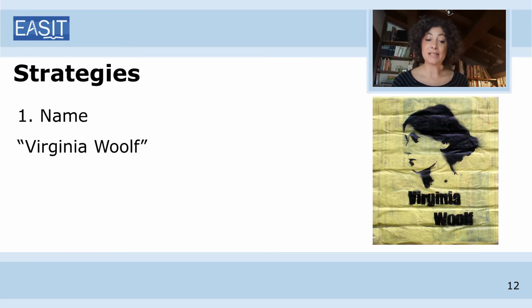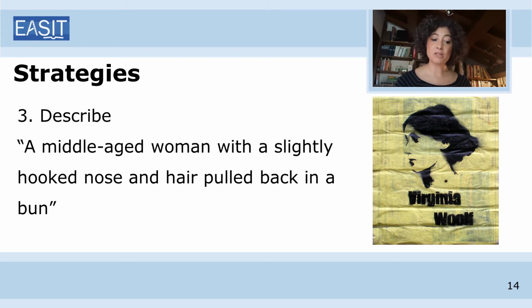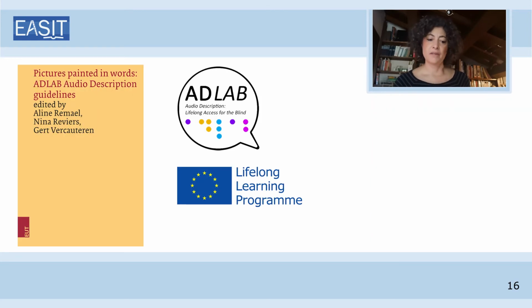Then we'll have to decide whether it is better to name the character, Virginia Woolf, name and gloss it, the English writer Virginia Woolf, describe it, a middle-aged woman with a slightly hooked nose and hair pulled back in a bun, or describe and name it, a middle-aged woman with a slightly hooked nose and hair pulled back in a bun, Virginia Woolf. The example is taken from the ATLAB AD guidelines, where you can find a lot more.